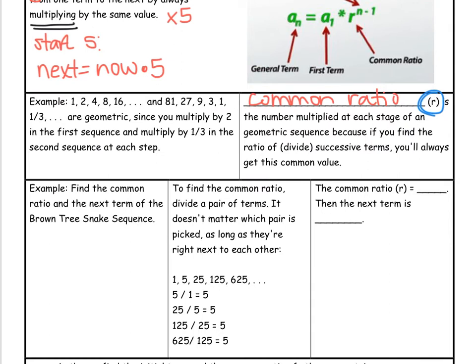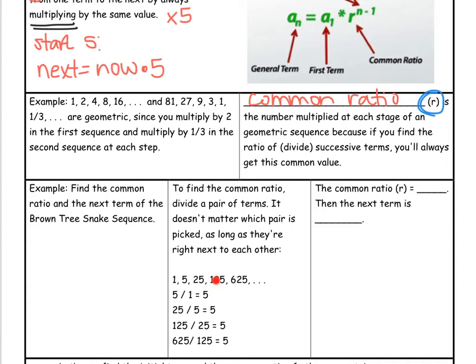And back to the brown tree snake example, if we want to find the common ratio for the brown tree snake, it doesn't matter which pair you pick as long as they're right next to each other, as long as they're consecutive. So 5 divided by 1, we get 5. 25 divided by 5, we get 5. 125 divided by 25, we get 5.